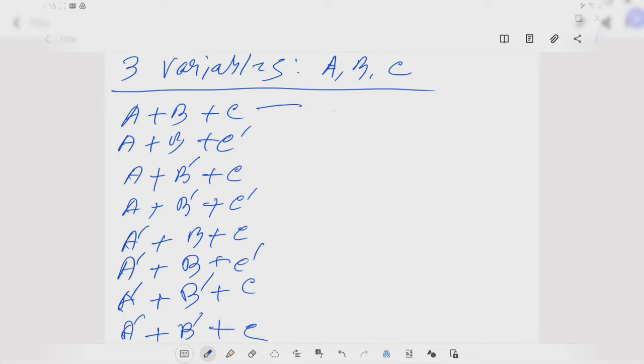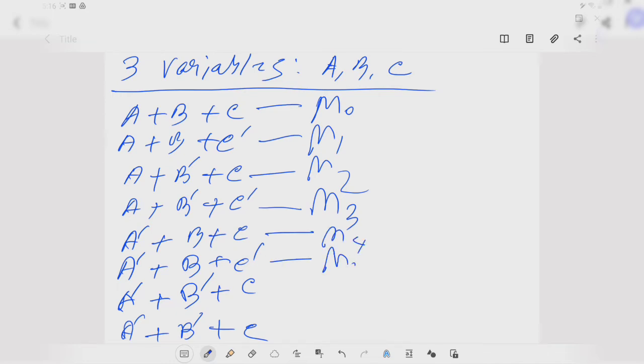The first one is uppercase M0, M1, M2, M3, M4, M5, M6 and M7.